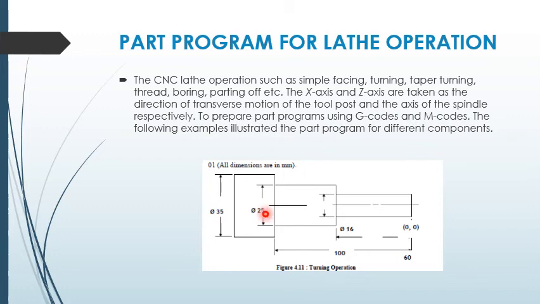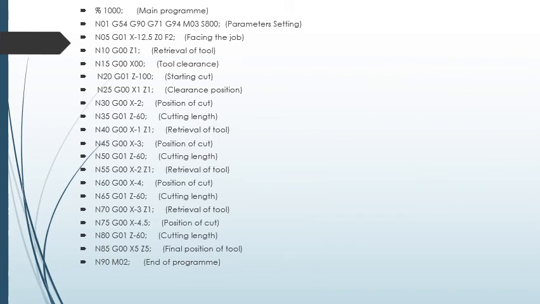For this particular operation, we will prepare the manual part program. We will start from N01. Initially we will do parameter setting using G54 Z90, and we will specify parameters like spindle speed 800. Again, for the facing operation, we will write this program.